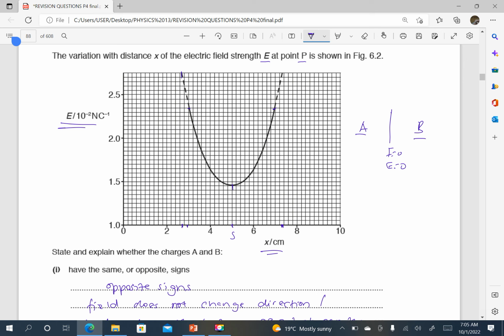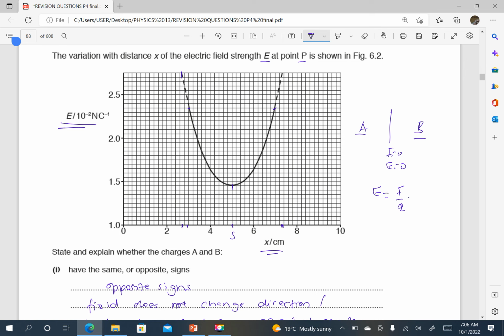So we are going to explain the magnitude of the acceleration of an electron which is placed at a point where x is 3 centimeters until we reach a point where x is 7 centimeters. First of all, note that electric field strength E is defined as the force acting on a unit positive charge.